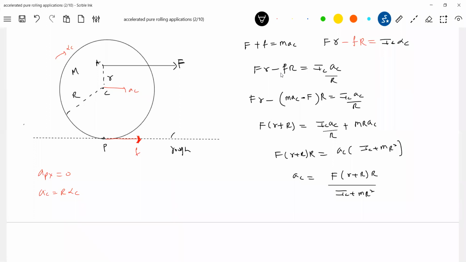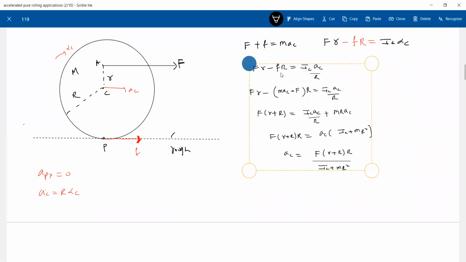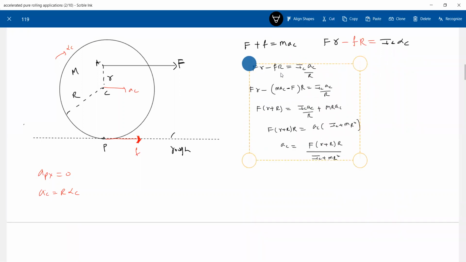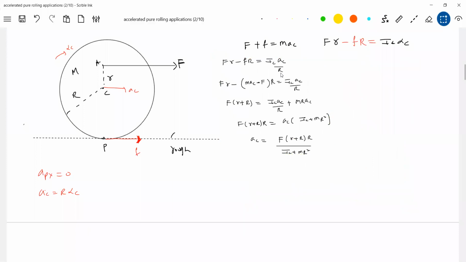I brought this equation. Similarly, I want the expression for friction. Anybody solve and just give it. Substitute this value of AC here. This is a formula which you need not remember, just have an idea.